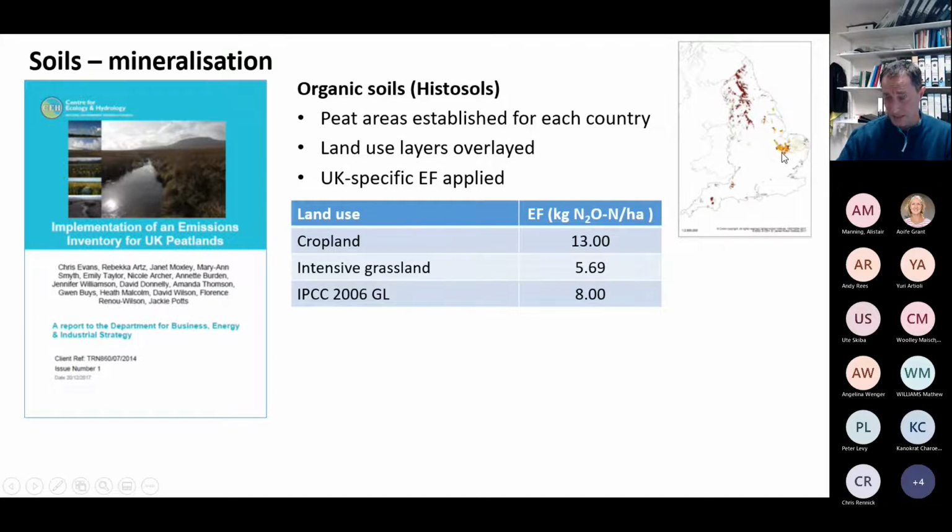So the maps, the peatland areas there, we need to then overlay that with the land use map to decide which of those are agricultural land uses, particularly cropland and intensive grassland. And in terms of kilograms per hectare, due to that land use of nitrous oxide coming from those areas, we've got emission factors 13 and 5.7 from those, compared with the default emission factor of 8.